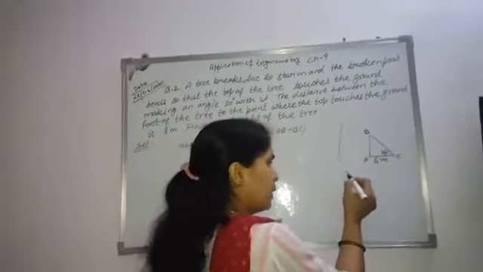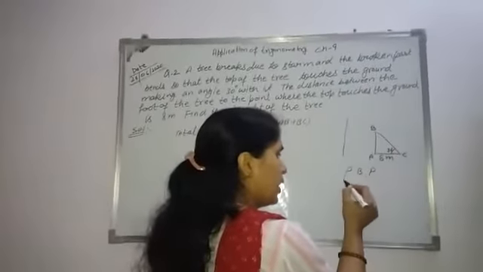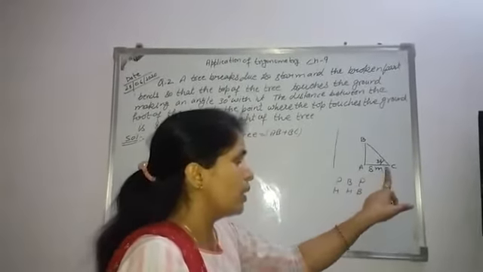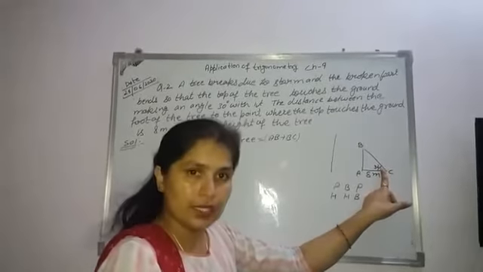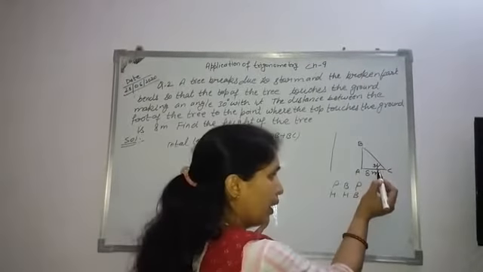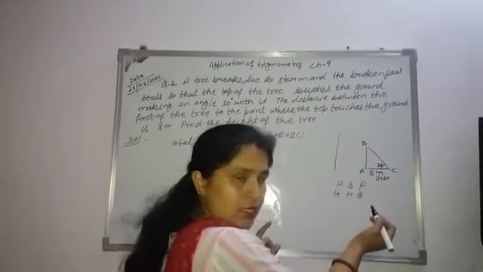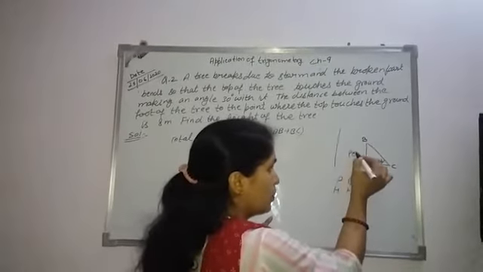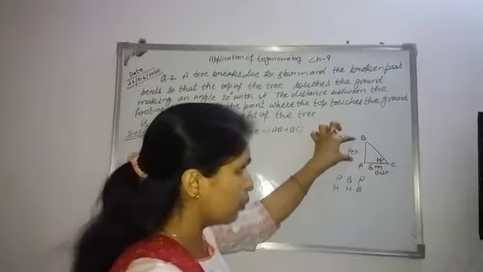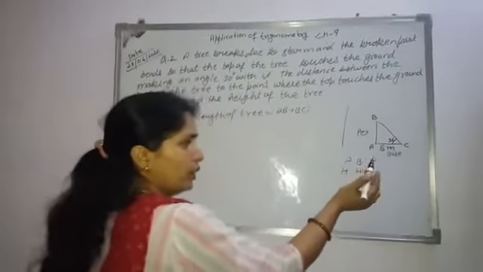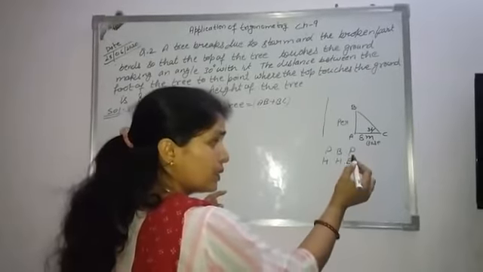So again P, B, H. Now which value is given to us? The 30 degree angle is given to us, so the side adjacent to this angle is the base. It means the base is given to us, and this side is the perpendicular. Perpendicular we want to find out and hypotenuse we want to find out. In this case, base is given to us.